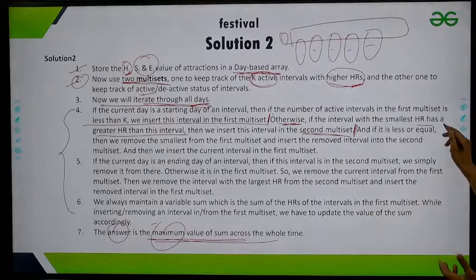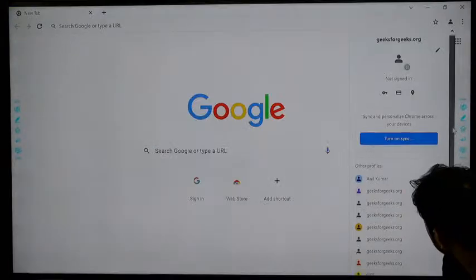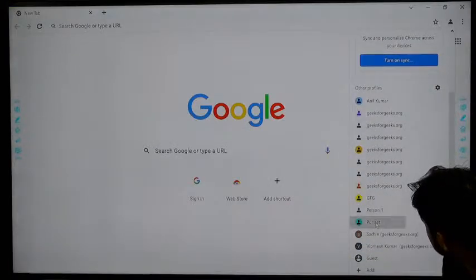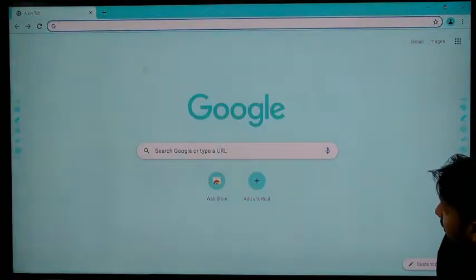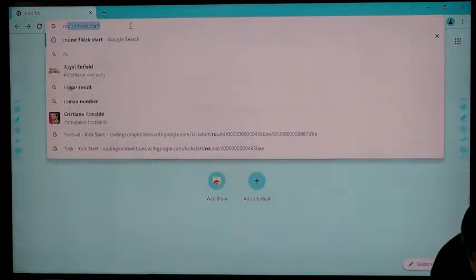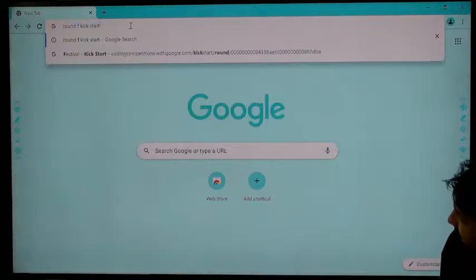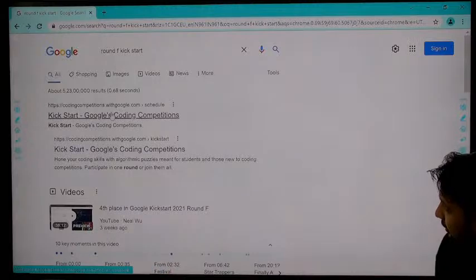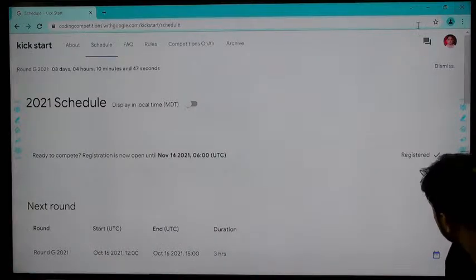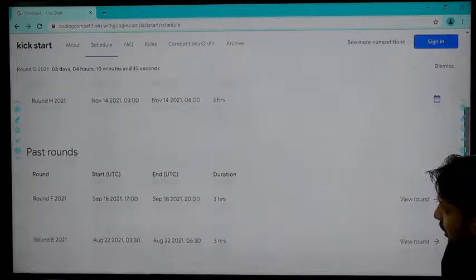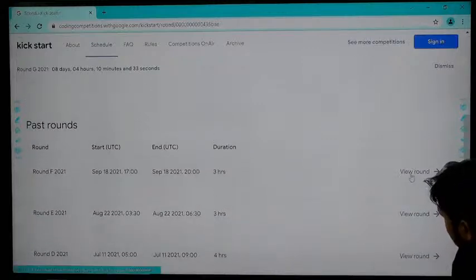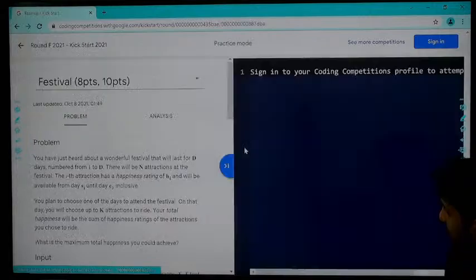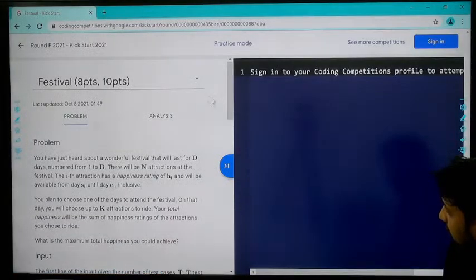I just want to write all these steps. Open my account, let's go. And we were working on round F, Google KickStart. This one we are checking for the code. Okay, now round F, let me see, the festival problem, and it is not showing my code.